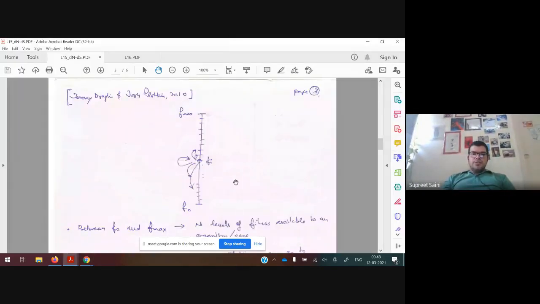Now Draghi and Plotkin do something clever here. What they say is, let's start from fitness Fi, and let's say the total number of levels which are available is equal to capital N, which means f naught is one level, this is the second level, third, fourth, fifth, and so on and so forth.